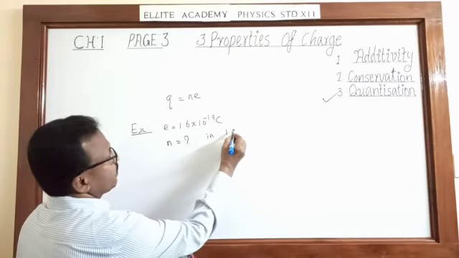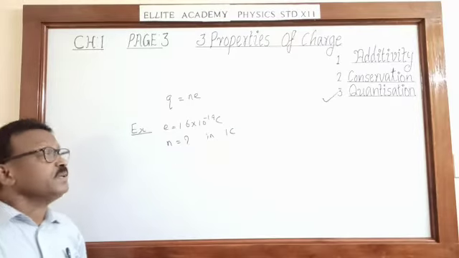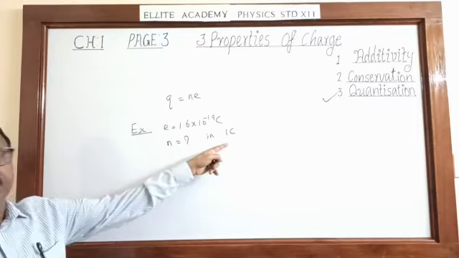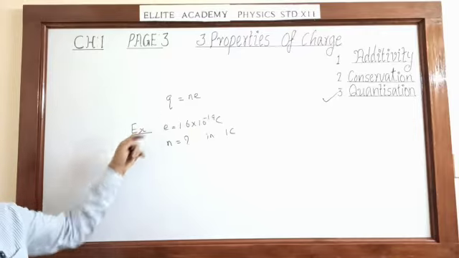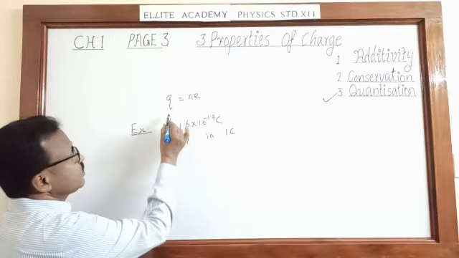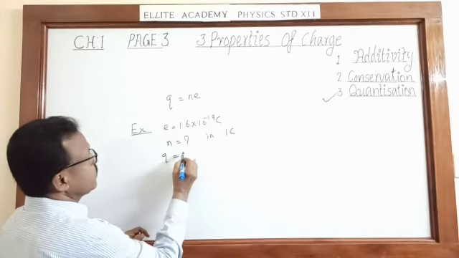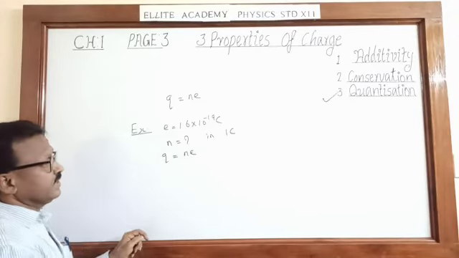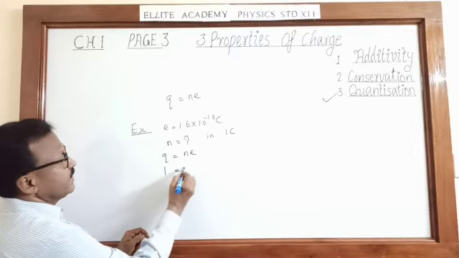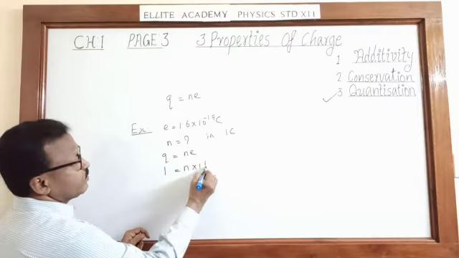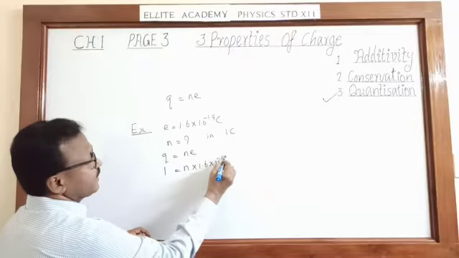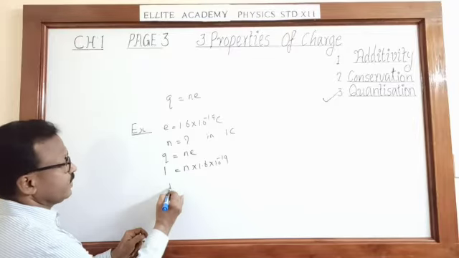In 1 coulomb, how many electrons are there? Use the formula for charge Q. In this case, Q is 1 coulomb. So Q is equal to Ne. The charge is 1 coulomb, N I don't know, e is 1.6 into 10 raised to minus 19. So, what is the value of N?